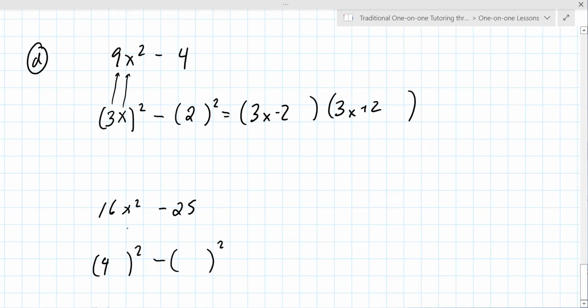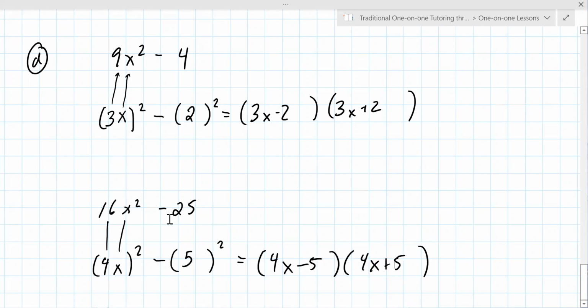What gets you to the x squared? Wait, what? The x squared? Yeah, you have to get both. Oh, I'm a little confused on that. Well, what do we do in the previous problem? Just x. Yeah, so x gets you back to x squared. And then the next one's 5. That's good. So what does this become? 4x minus 5, 4x plus 5. Yeah, now you have to be able to do this part in parentheses.